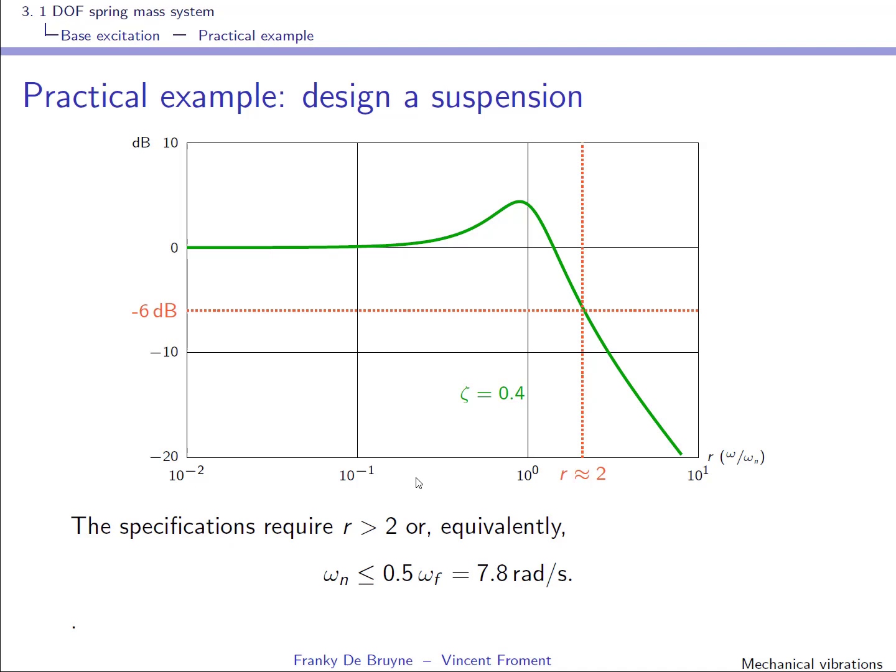Well, we see that to obtain a displacement transmissibility that is smaller than minus 6 dBs, we need to take a normalized frequency that is larger than 2, which means that the natural frequency is less than half the forcing frequency, or is less than 7.8 radians per second.